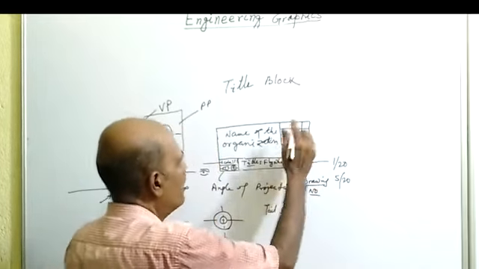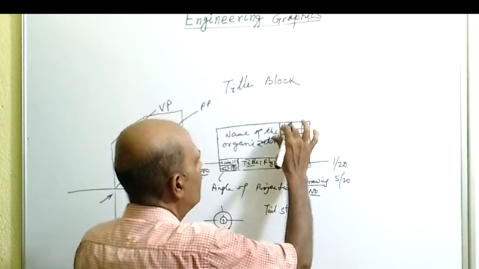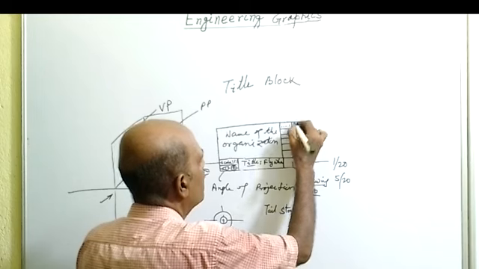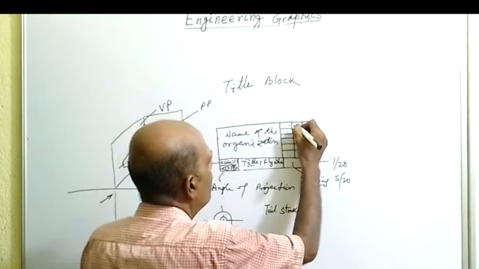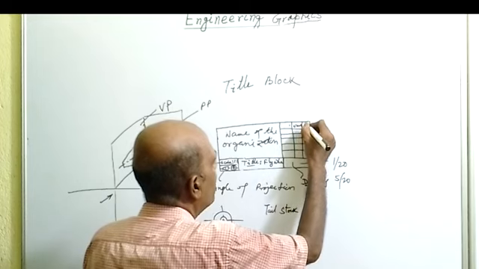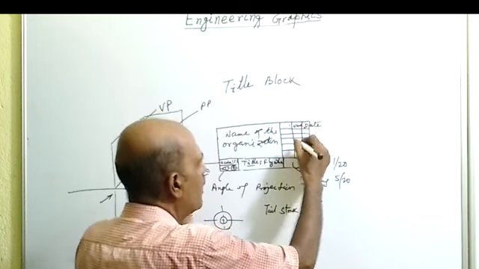Now the leftover space here, name and date: this space, leave blank. Name, then date. So date of drawing and name.